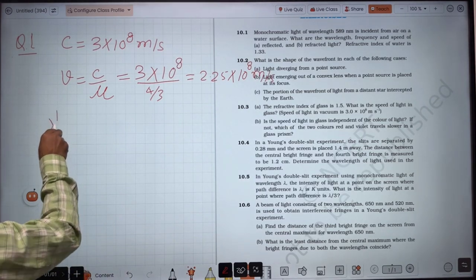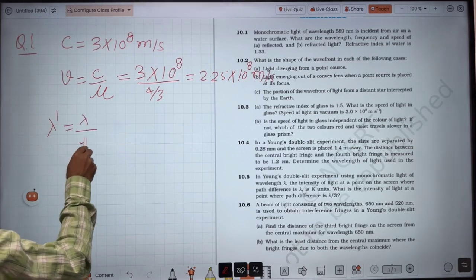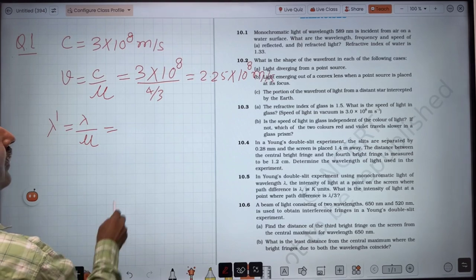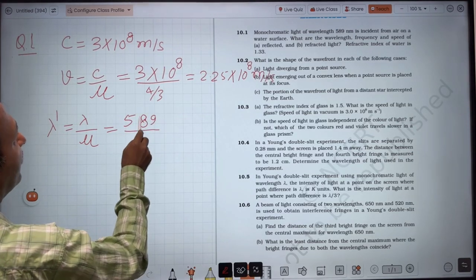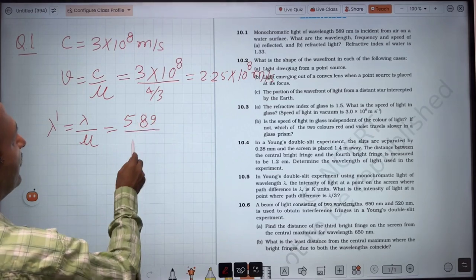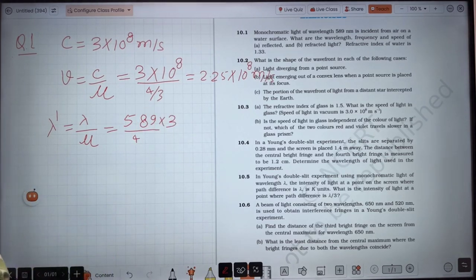And wavelength lambda dash will be equal to lambda divided by mu. So lambda is 589 and mu is either 4 by 3 you can write, or its value you can put and then evaluate.